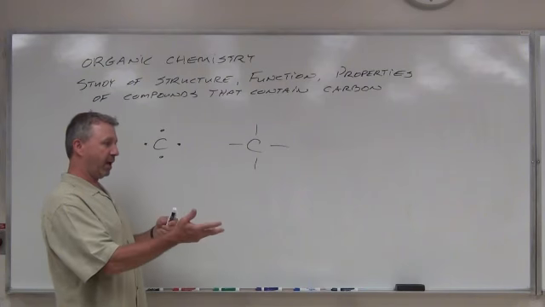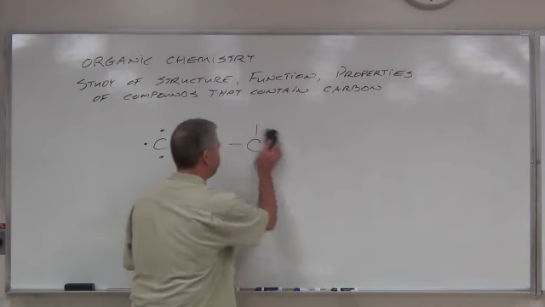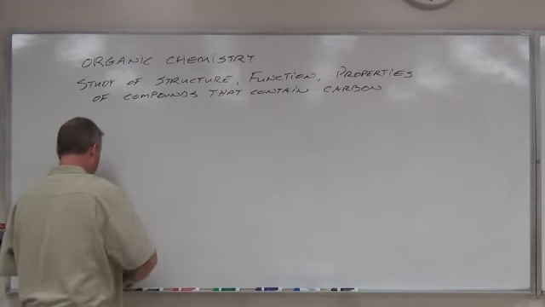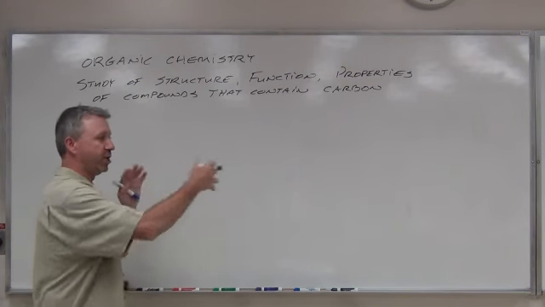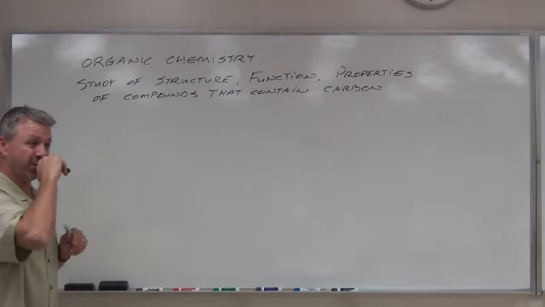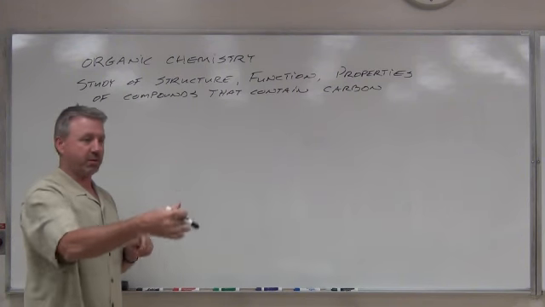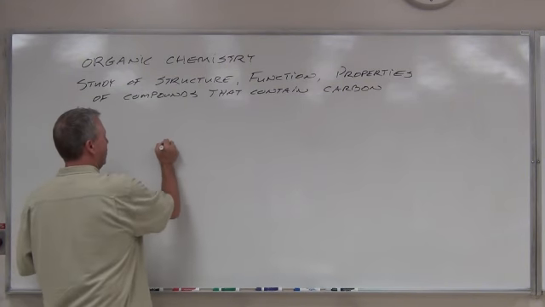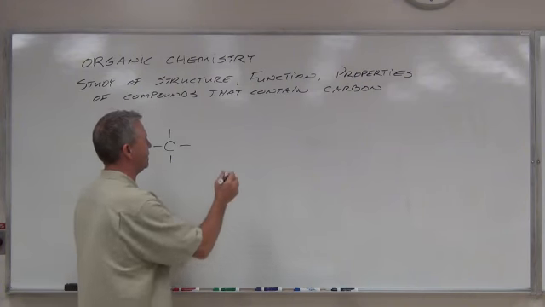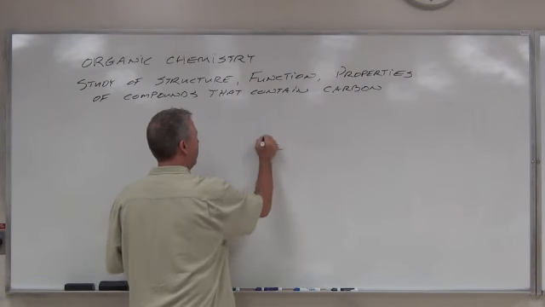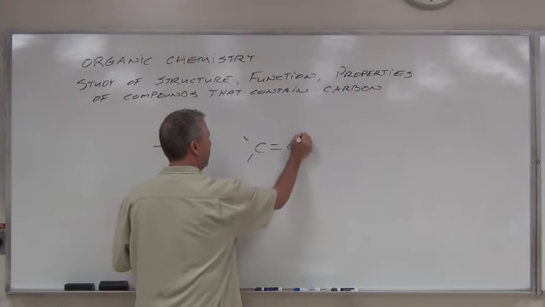But carbon, unlike many other atoms, can do some cool things. It can bind to itself in huge chains, thousands of carbons long. So you can have carbon with 4 single bonds. You could have carbon, I'm going to go ahead and bind it to itself.